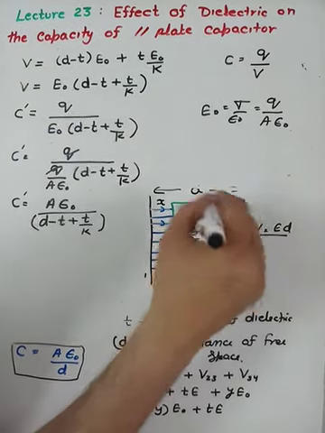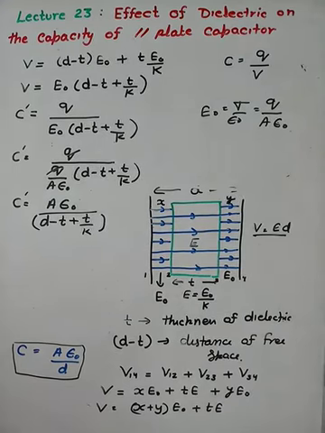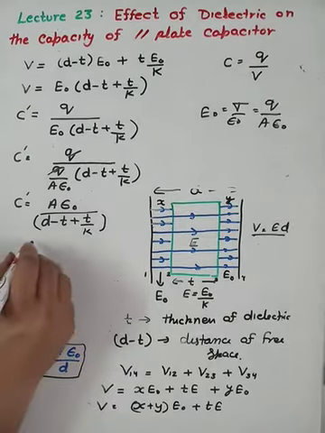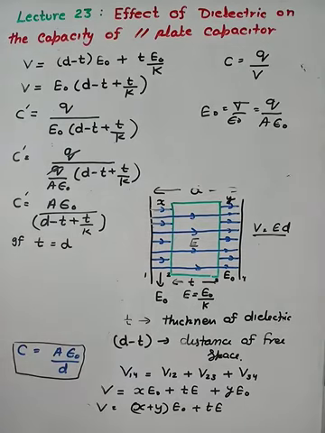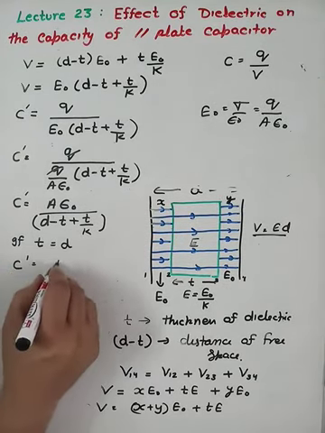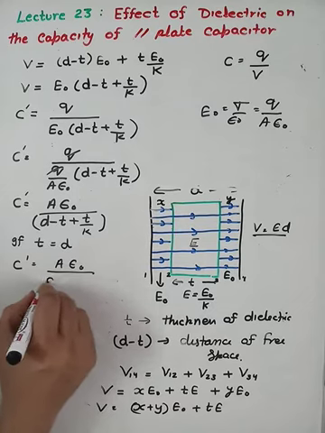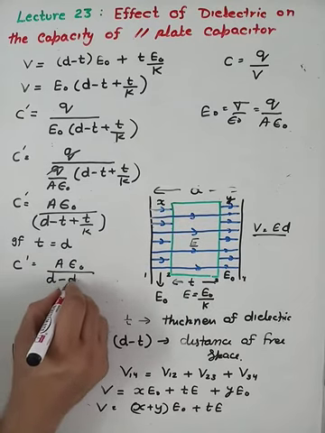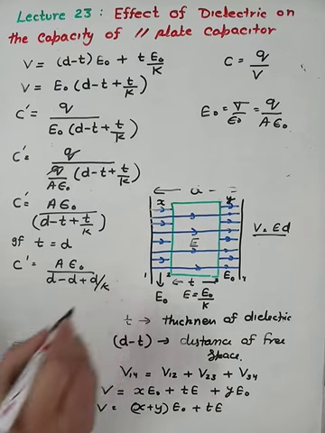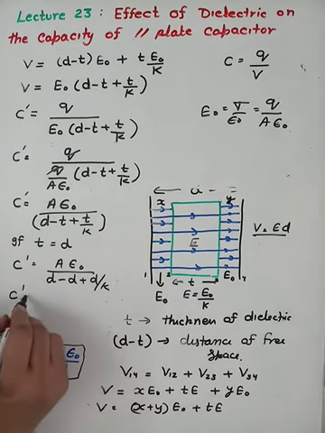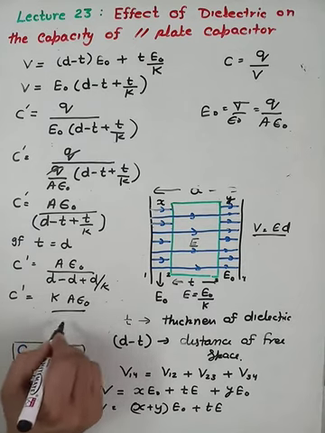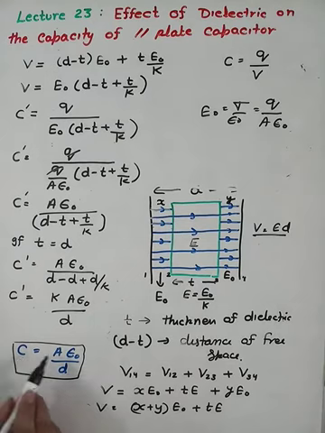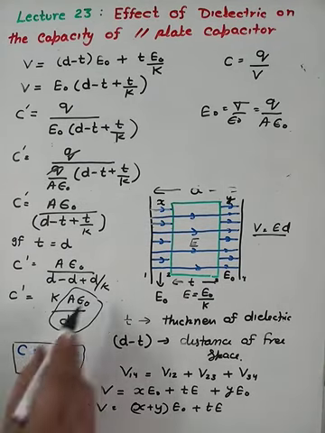Now suppose we completely fill the dielectric between the two plates, that means t equals d. Then what will happen? C dash is A epsilon naught upon (d minus t plus t by k), which becomes d minus d plus d by k. The d and d cancel out, and we get C dash equal to k A epsilon naught upon d, where C is A epsilon naught upon d.